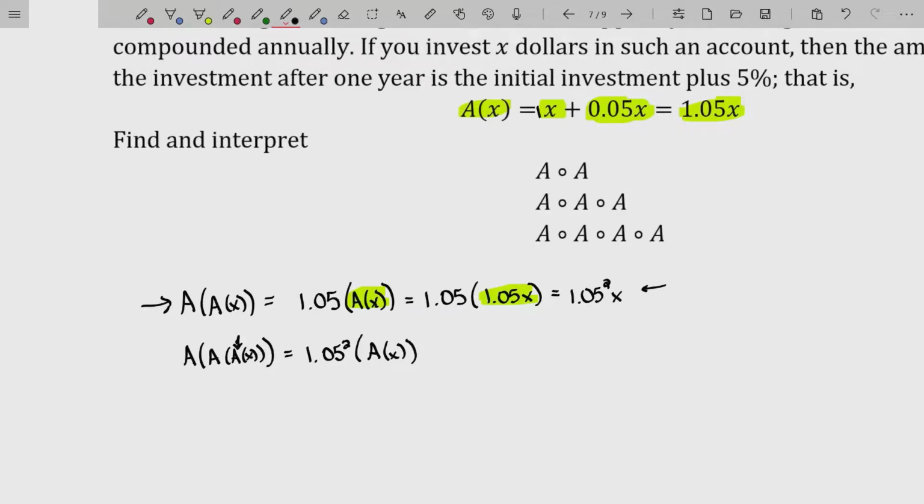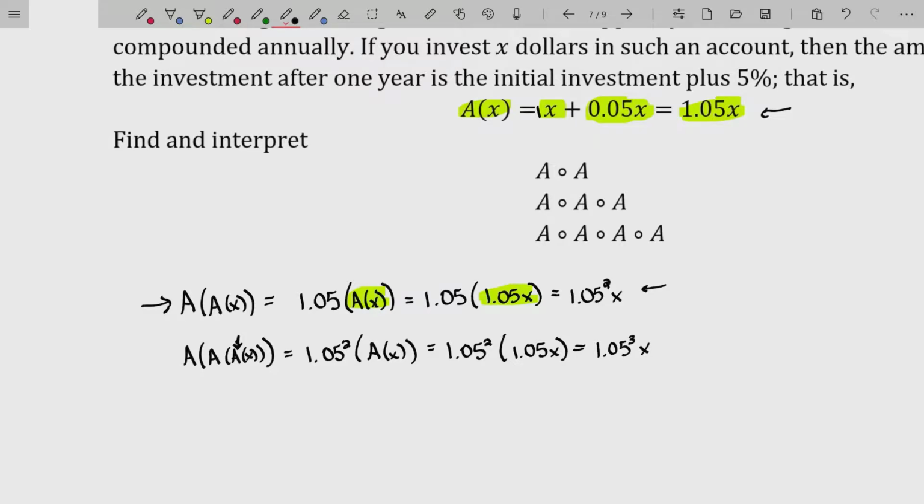And of course, A, again, is this guy up here. So this is going to be 1.05 squared times 1.05x. And if you multiply those two together, you get 1.05 cubed times x.